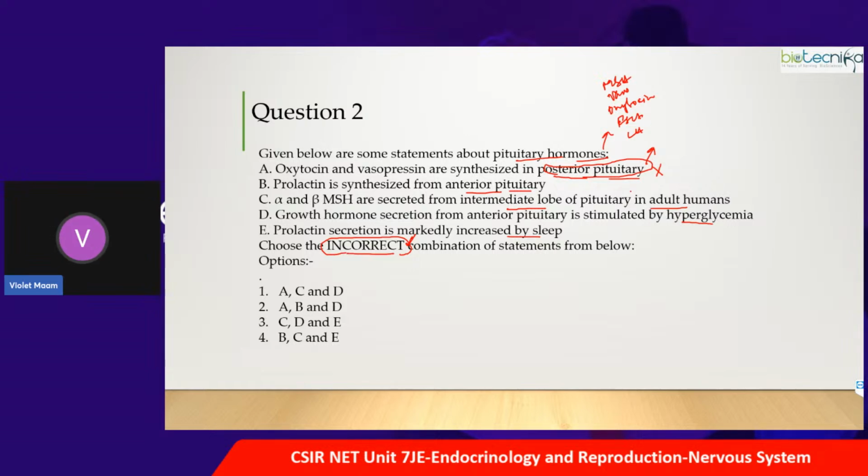Kavyarisi, good try, but you need to try again. Option 2 is not the right answer. The right answer, students, is option 1. So now let us see each and every statement. Oxytocin and vasopressin, they are synthesized in posterior pituitary. I said no, they are not synthesized in posterior pituitary. Then where are they synthesized? Where will you find them?